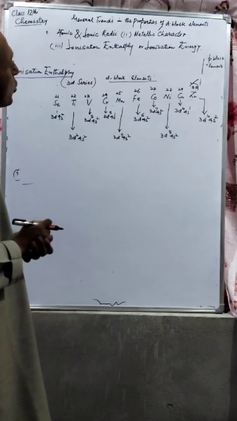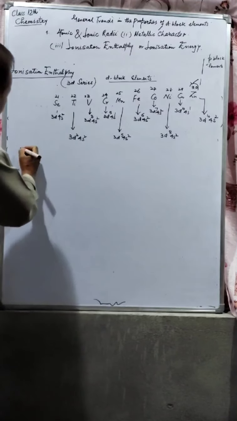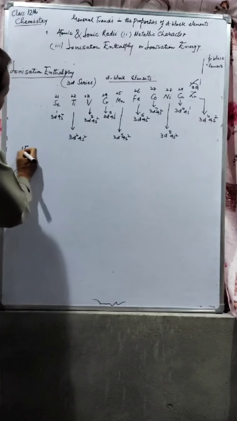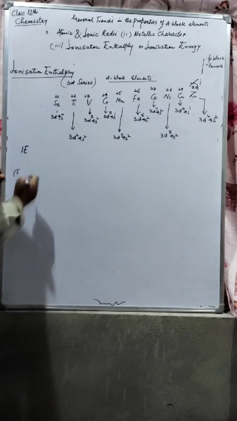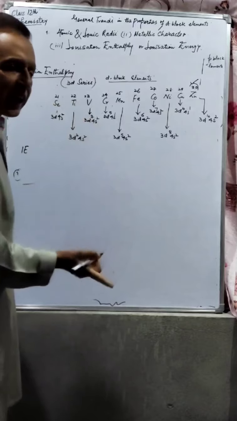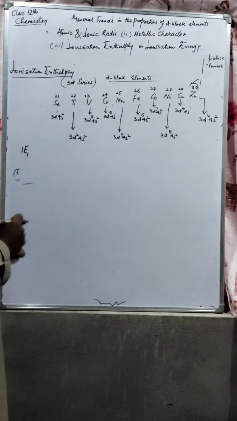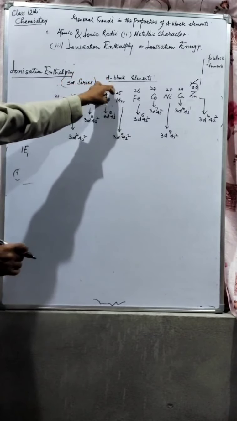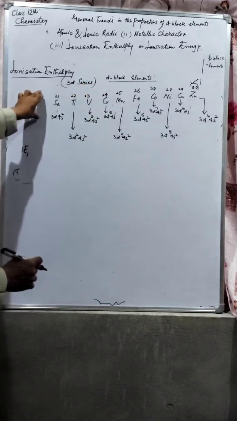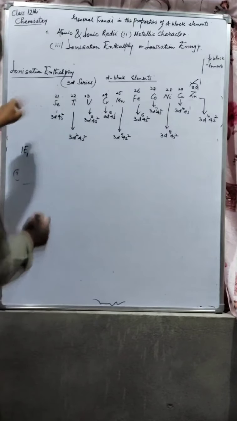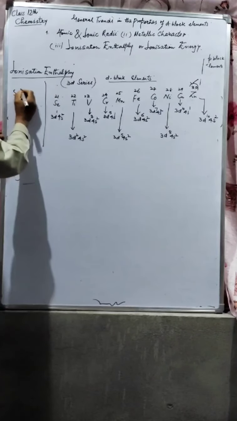So if we remove one electron, that is called first ionization energy. We denote the ionization energy IE, and if we remove one electron, we denote it by IE1, first ionization enthalpy.